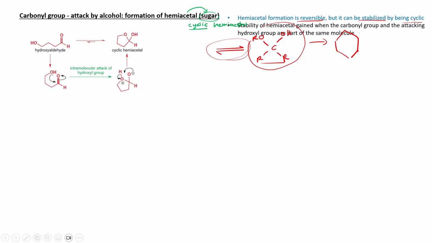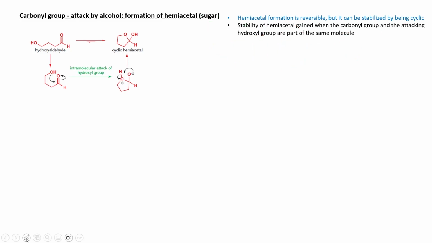So how does it become cyclic? Let me remove all the ink first. If you look here, hydroxyaldehyde: you have a hydroxyl group, and you have the aldehyde group here. This alcohol, as we learned before, can be a nucleophile. A nucleophile can attack the electrophile, the carbonyl group, and the same thing happens, but on the same molecule.